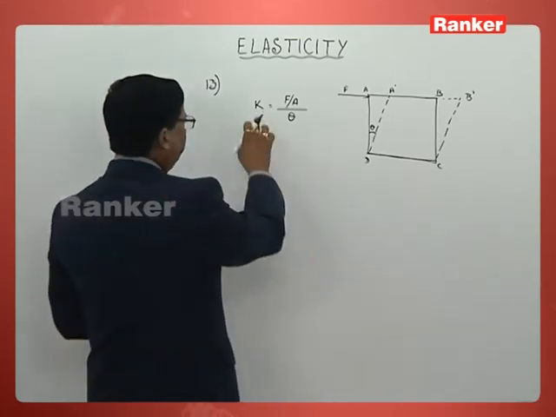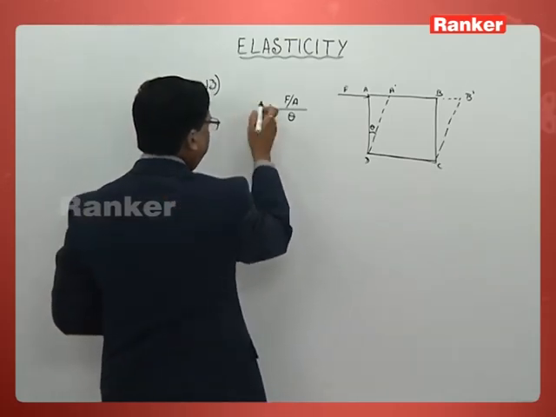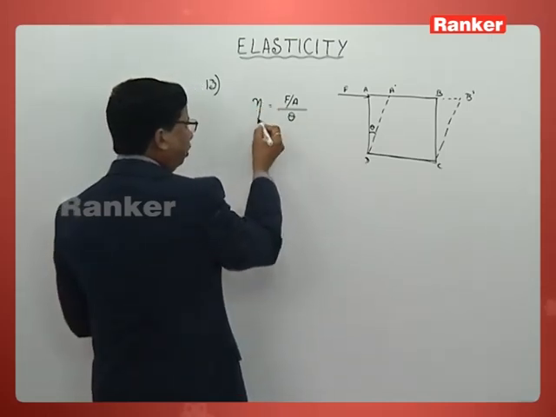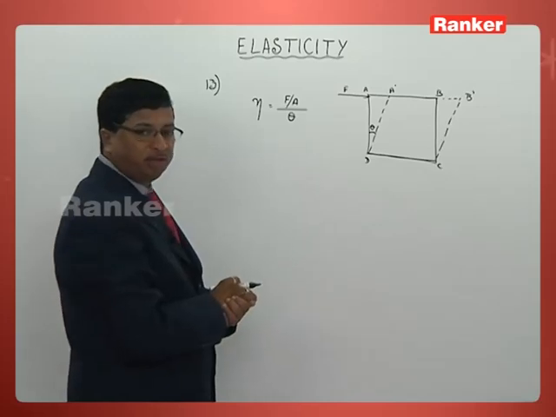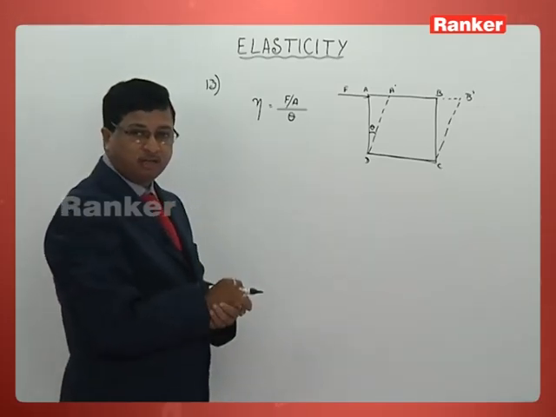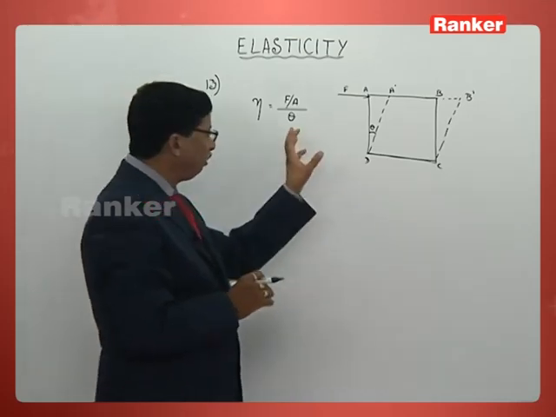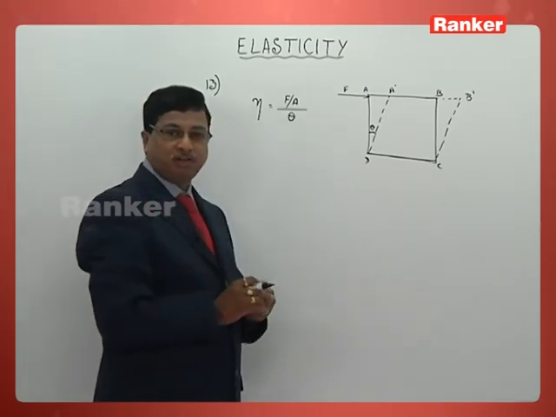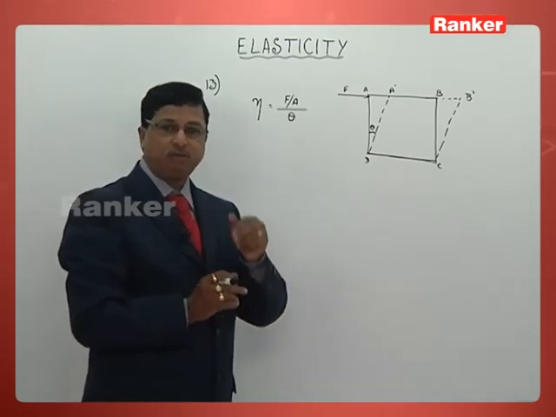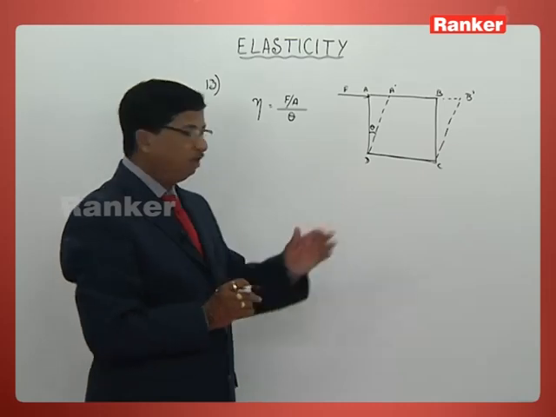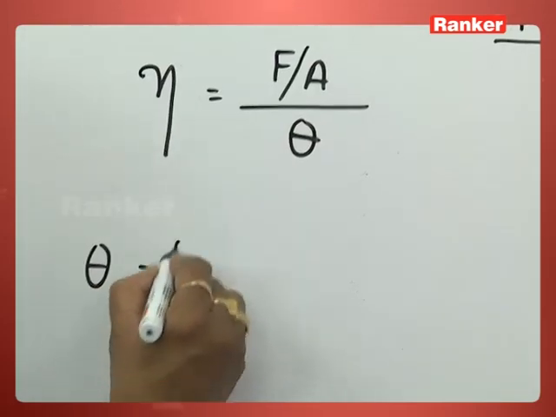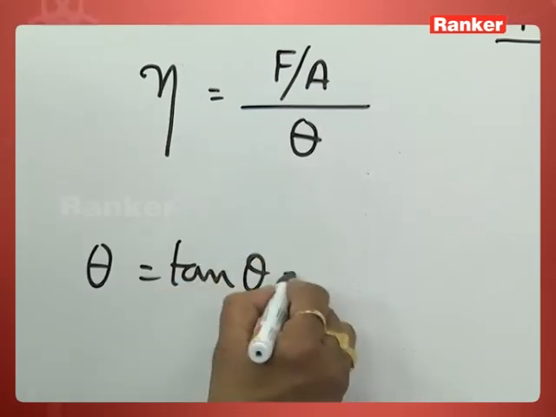Rigidity modulus is just asking us, that is eta. I repeat, rigidity modulus is equal to F by A by theta. What is the theta called here? That is called shearing strain. You can understand well, rigidity modulus is shearing stress by shearing strain. In other words, we can even write this theta as tan theta when theta is very small.